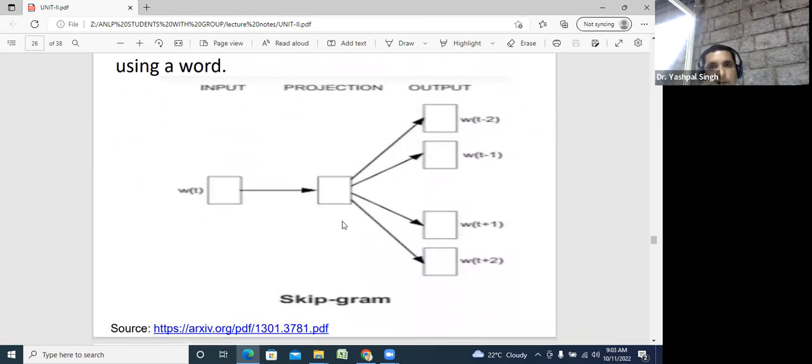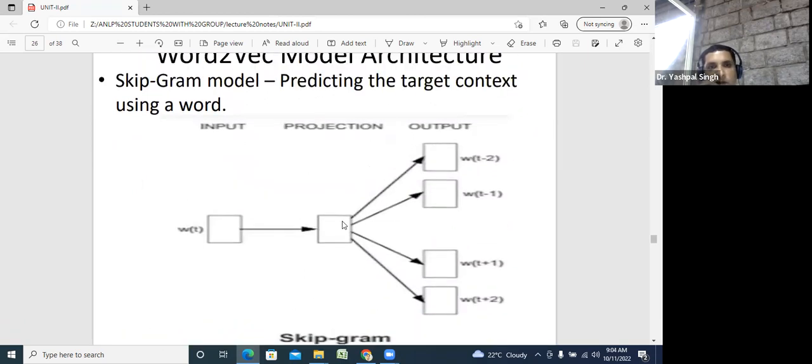Now the skip gram model. In the skip gram model we get the input in the form of vectors, but here we are predicting the target context using a word.